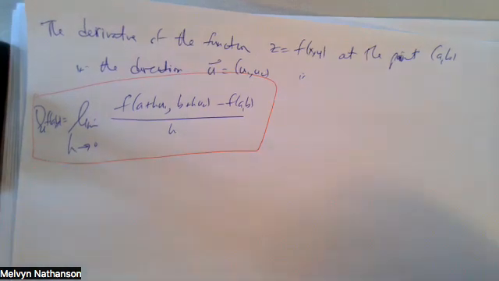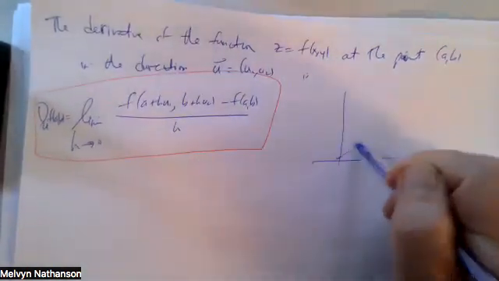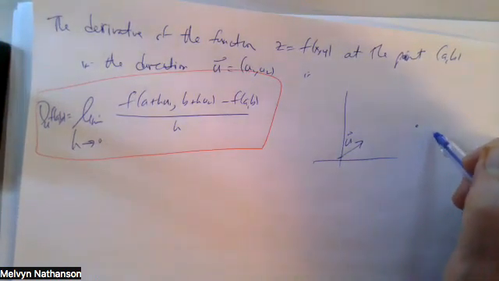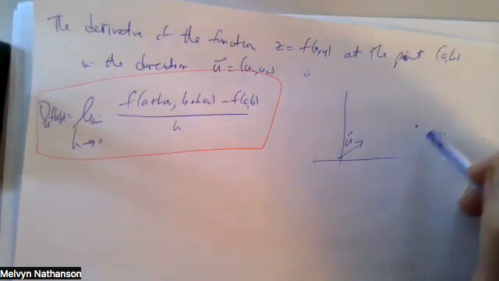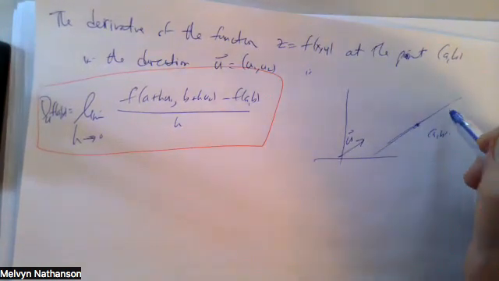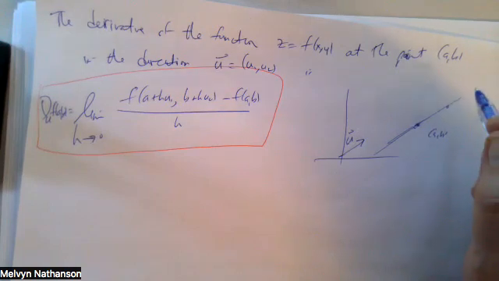So in the xy plane, if this is the vector u, and you're at some point (a, b), the line through (a, b) parallel to u is parametrized by the coordinates. Let me use s as the variable.